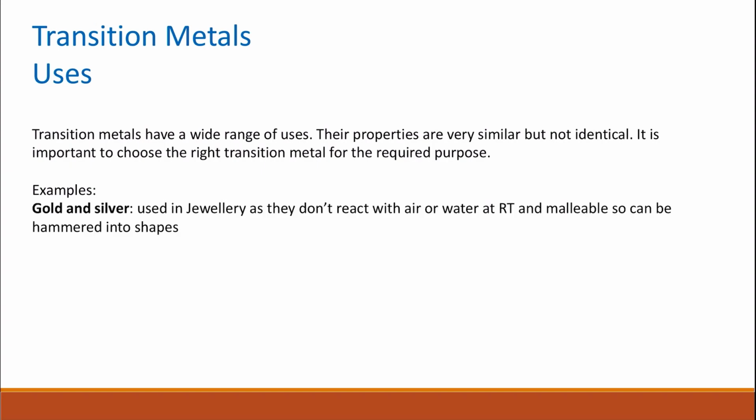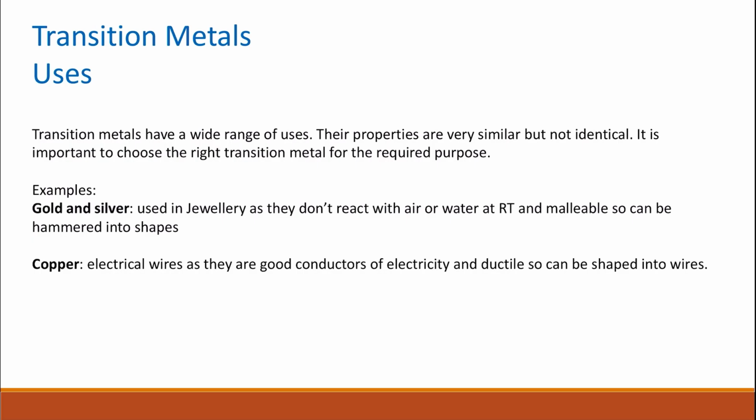Some of these examples are gold and silver. Gold and silver are among the transition metals because gold and silver do not react with water and oxygen at room temperature, and because they are malleable and can be hammered into shape, they are usually used in jewelry. We have copper.